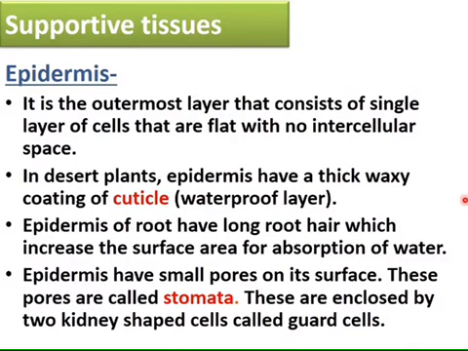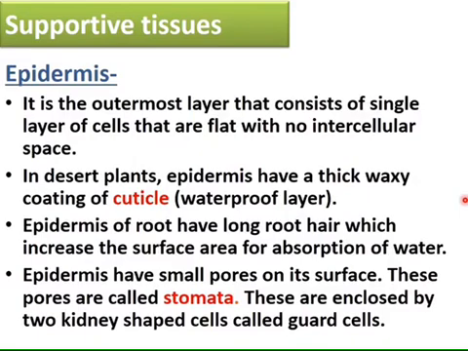Now the next point is that epidermis has small pores. Pores means small holes on its surface, and these pores are called stomata. These small pores present on the layer of epidermis are called stomata, and these stomata are enclosed, means covered, by two kidney shaped cells which are called guard cells.